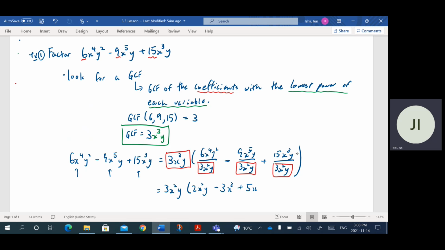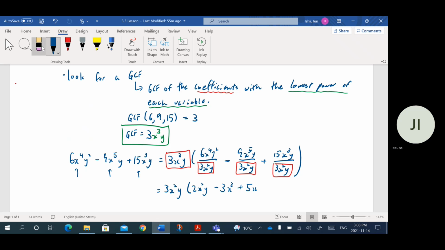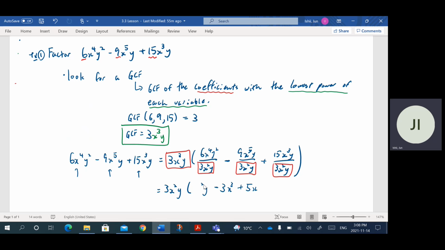Oh, I noticed that I made a mistake. All right, so I actually wrote these down wrong, so I'm going to have to redo this. Please forgive me. All right, so let's try this again. So it's not there.